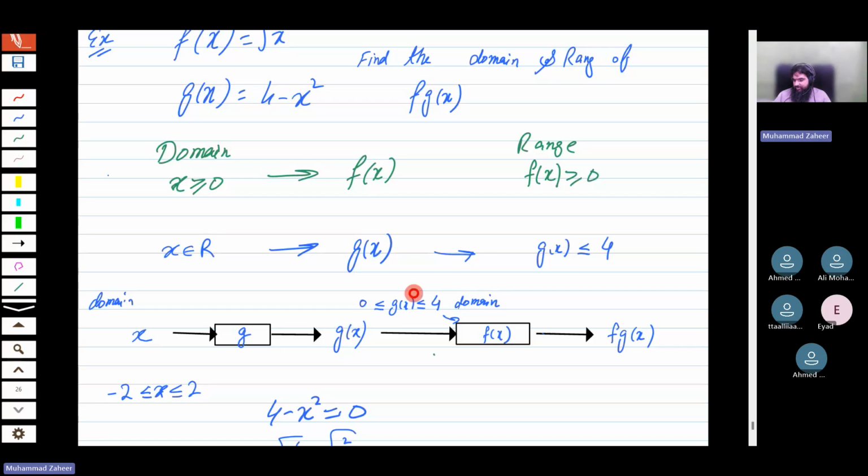Simply, the square root of 0 will be 0 and the square root of 4 will be 2, because this is a square root function. So the minimum value that you are getting is 0, and the maximum value you are getting is 2. So here you are going to get the output f of g of x greater than or equal to 0 and lesser than or equal to 2.